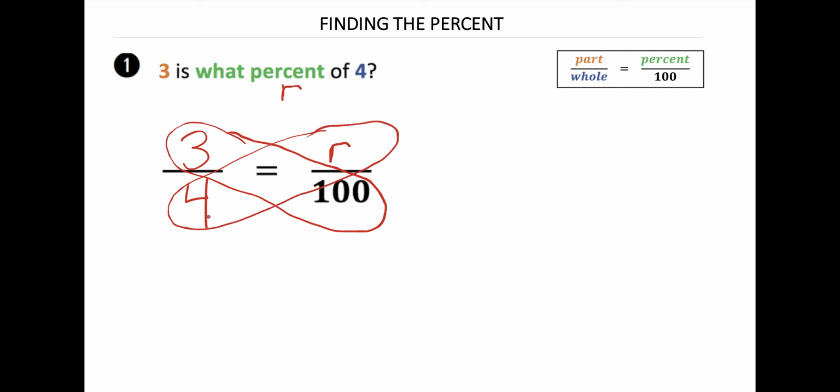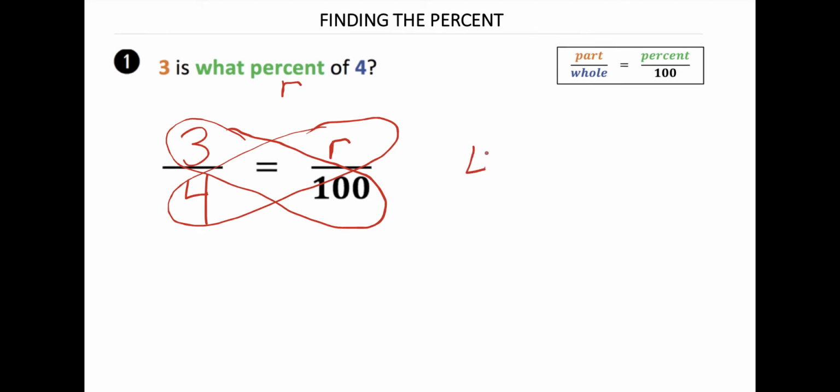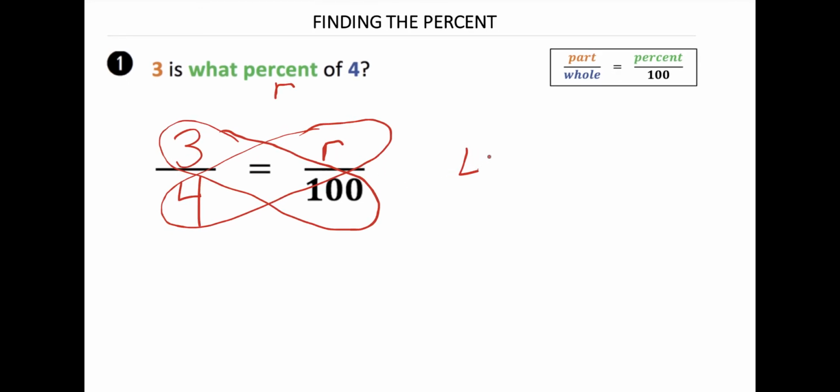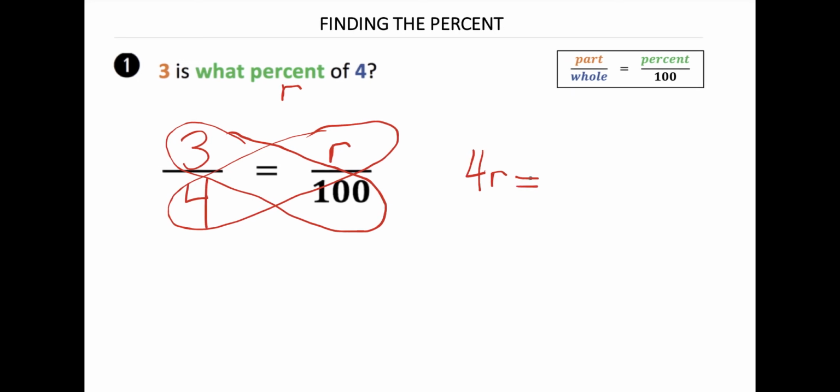Okay, so 4 times r, or 4 r's, is exactly what it says, 4r. Okay, 4r equals 3 times 100 is 300. 4r is equal to 300.